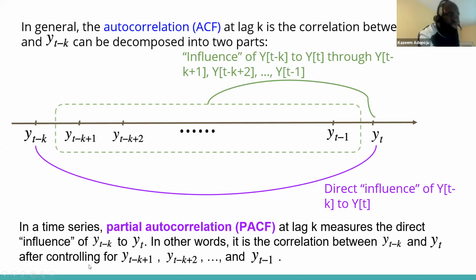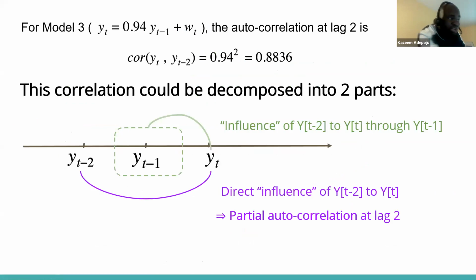So I have to control for that. When you are trying to find a correlation and you control for that, then you are doing partial autocorrelation. But if I do that without controlling for that, then I'm doing autocorrelation. If I'm controlling for that, then I'm doing partial autocorrelation.